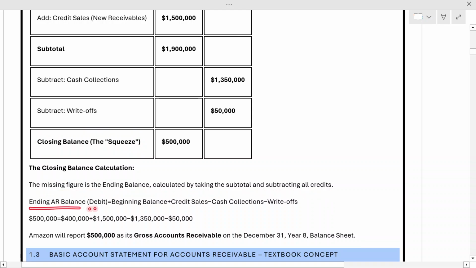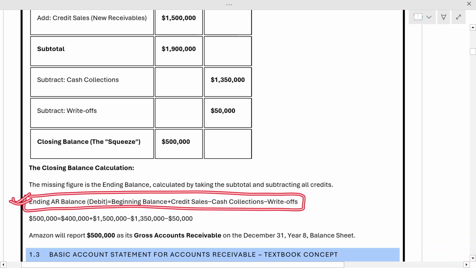So how do we calculate the closing balance? If you see the formula, we take the opening balance, which is our beginning balance, then we add the credit sales, then we subtract the cash collections, and finally we subtract the write-offs. This gives us the closing balance for our accounts receivable.